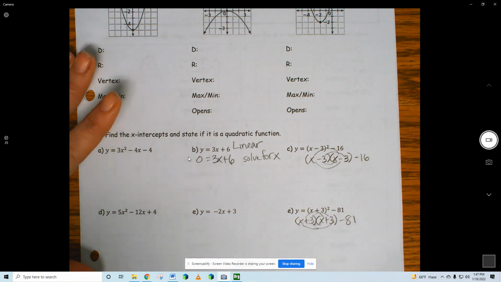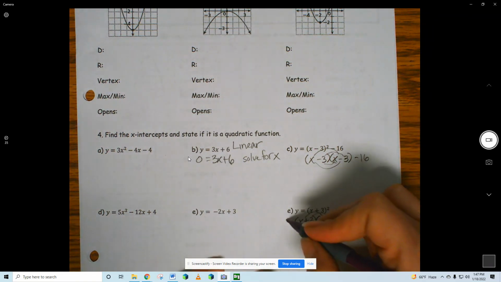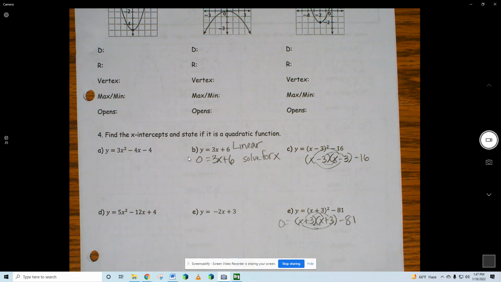Okay? And then set it equal to 0, and then you can factor it. So your job is to do 1 through 4 for homework, this whole last page only.